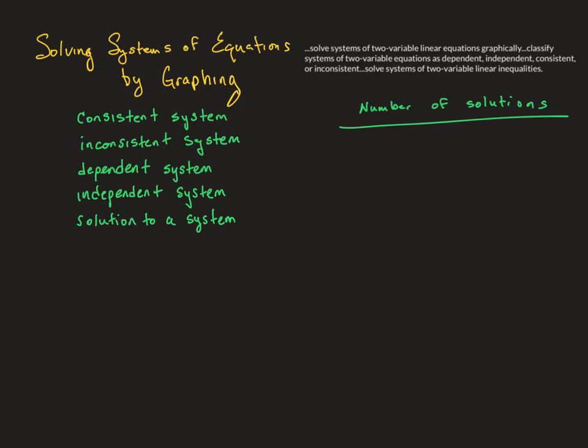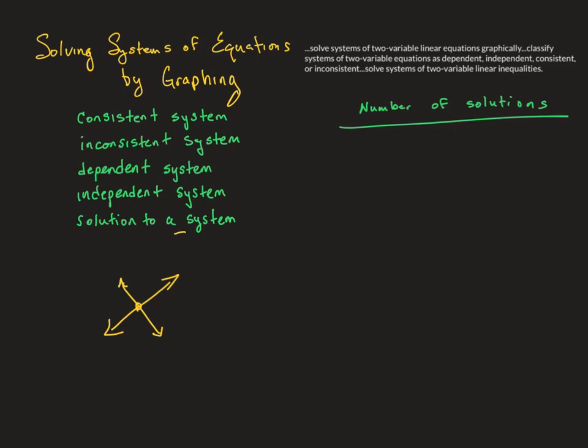And when we talk about the definitions here, a consistent system, if you remember, quickly put, when we graph a system, we have these two lines intersecting, and the intersection point is going to be its solution. The solution of a system is where they intersect.